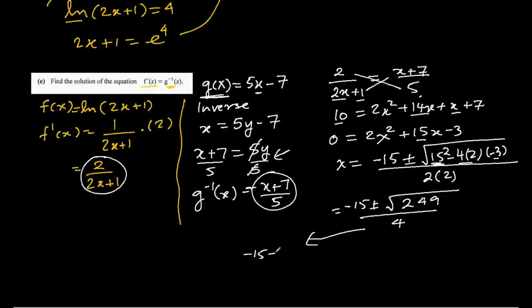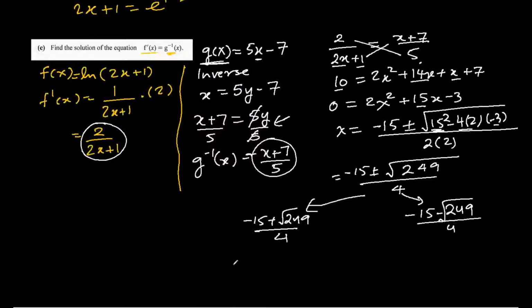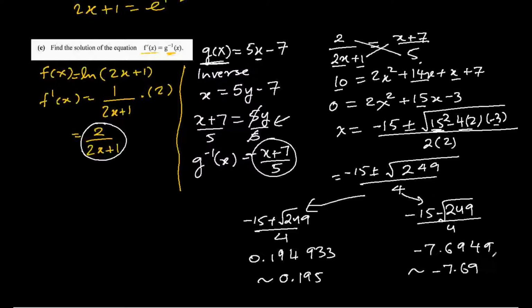Minus 15 plus square root 249 over 4, and this one is minus 15 minus square root 249 over 4. What I got for this one is 0.194933, which is rounded off to 0.195, and this one is minus 7.6949, rounded off to minus 7.69.